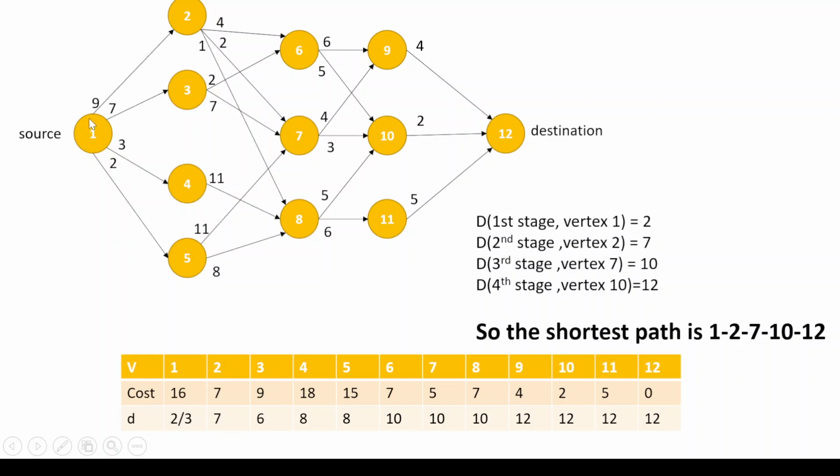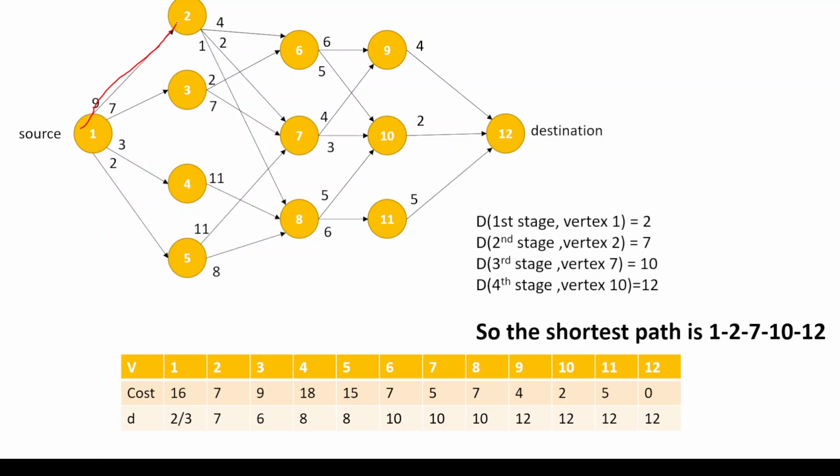From 1 I will reach 2. From 2, the node I should travel to next is 7. So I'll just plot this. I'm starting from here. From 1 you can go to either 2 or 3, so let me choose 2 in this case.